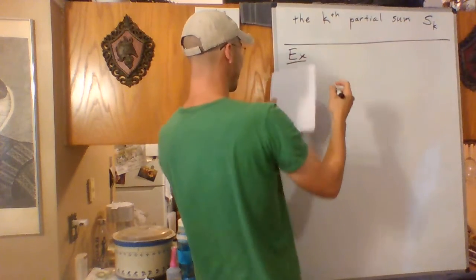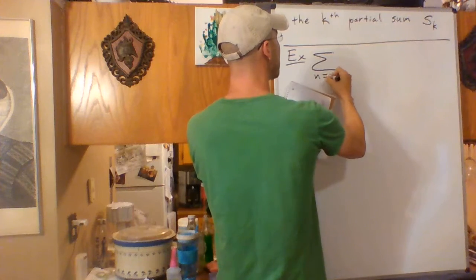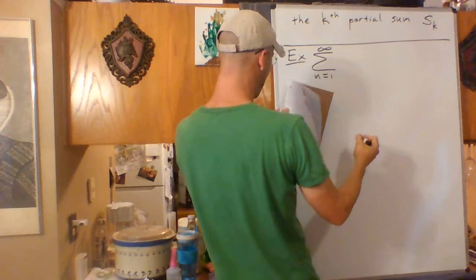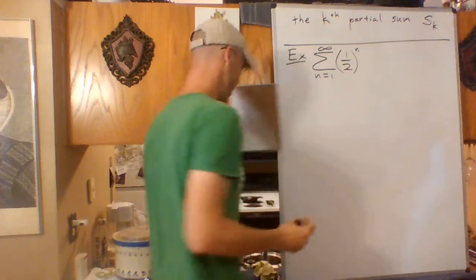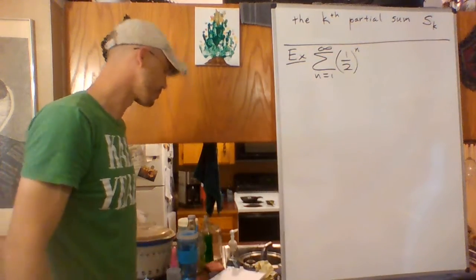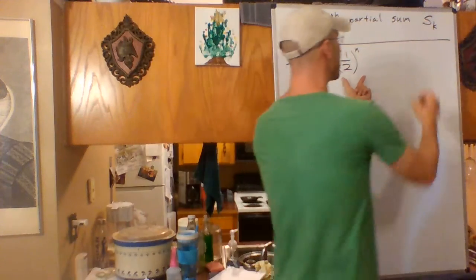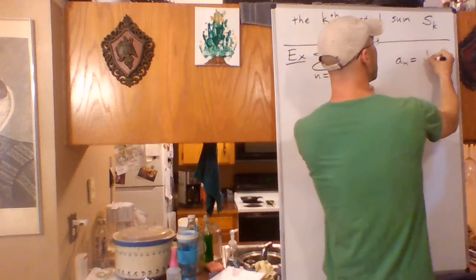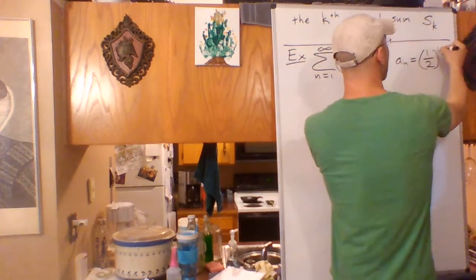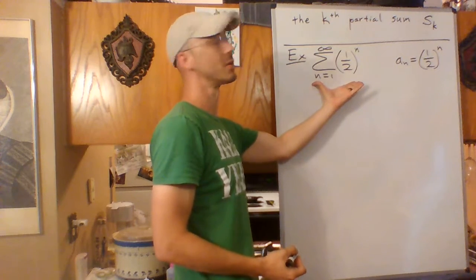We're going to look at an example with the sum from n equals 1 to infinity of (1/2)^n. Just to emphasize what my terms are, my a_n, my sequence, is (1/2)^n. Now the series is the sum of all of those.